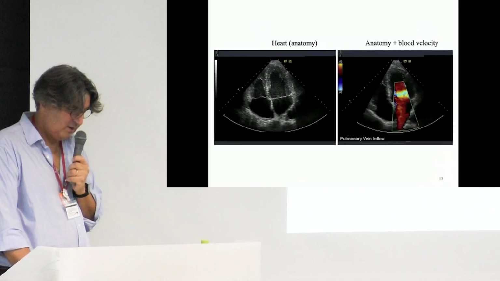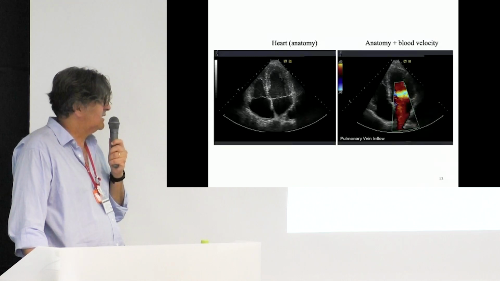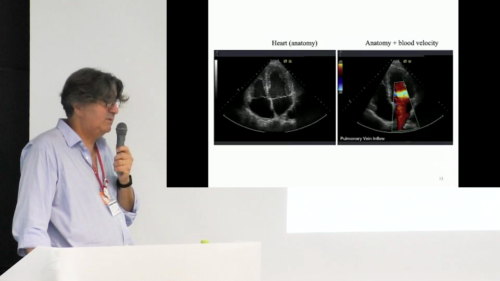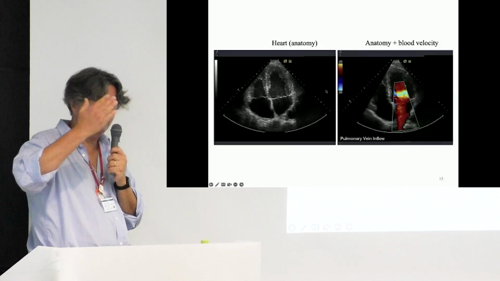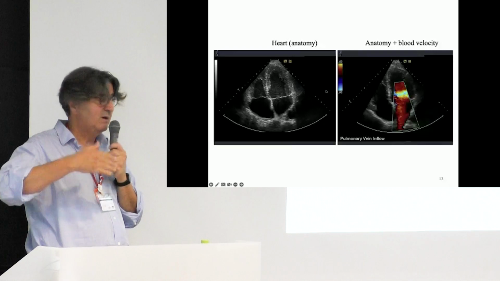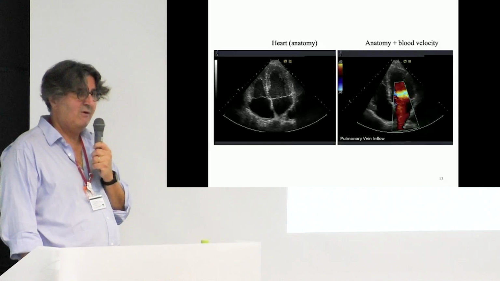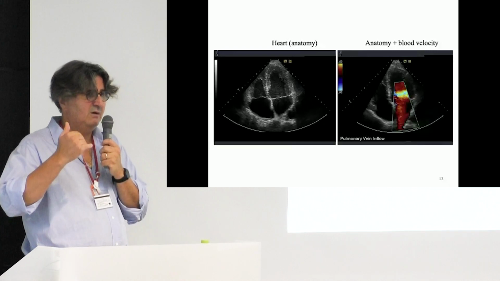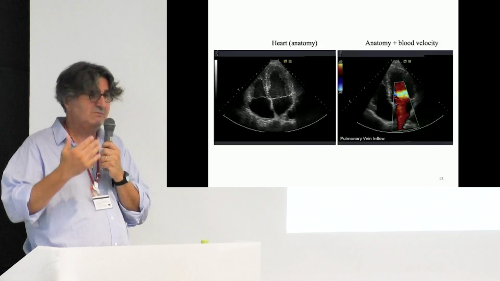Of course, when you are doing heart imaging, then you can see not only the valve behavior, because you are producing images in real time, but you can see also the blood flow from one ventricle to the atrium, to see if this blood flow is correct.